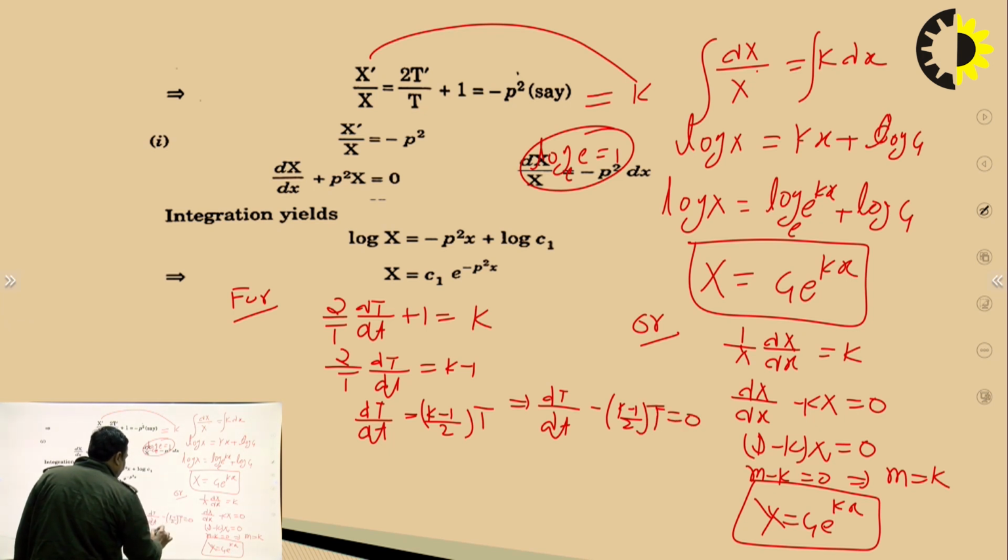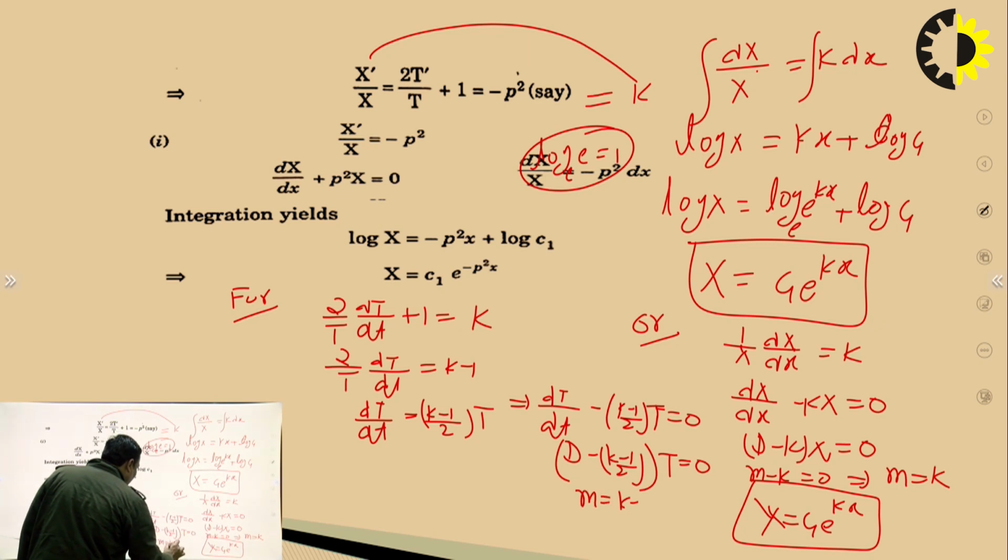Now, taking the auxiliary equation, m equal to k minus 1 by 2, first order equation.